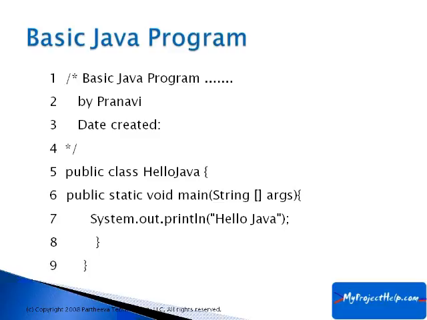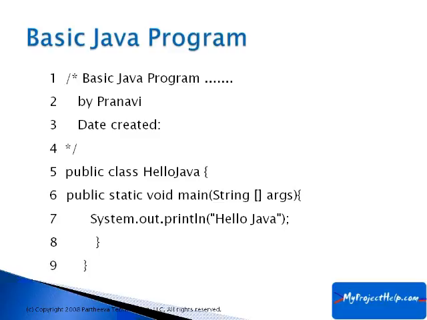Line 5 is where your program actually starts. It says public class HelloJava. What does that mean? Public, as I said, is an access specifier. A public access specifier means this particular class can be accessed from anywhere, even from outside of the package.